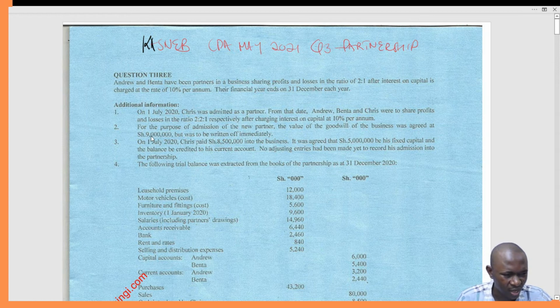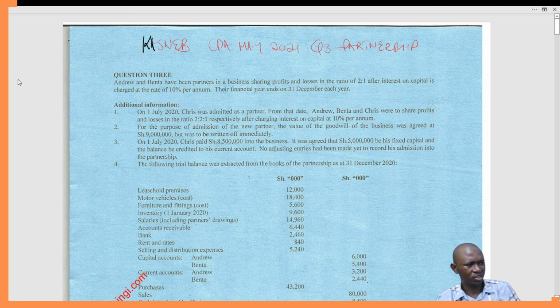So this 9 million, how are they going to share it, the two partners that were in existence before the new partner came on board? For the purpose of admission of the new partner, the value of the goodwill of the business was agreed at 9 million, but was to be written off immediately. So we'll assume that this 9 million is going to be shared in their profit and loss sharing ratio. Andrew and Benta had been partners sharing profit in the ratio 2:1.